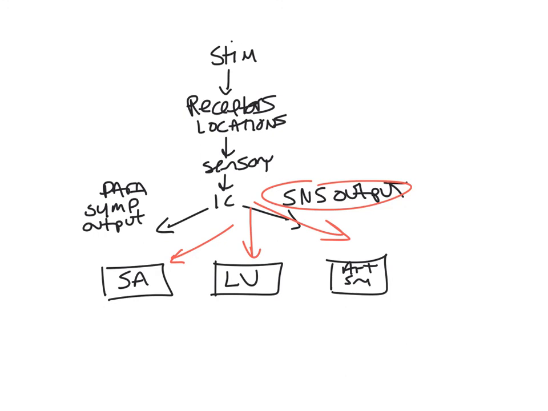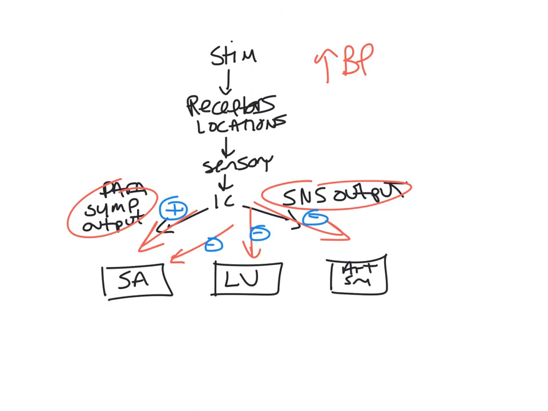So if we have an increase in blood pressure, you need to change the output. You are going to reduce sympathetic output and add parasympathetic output.